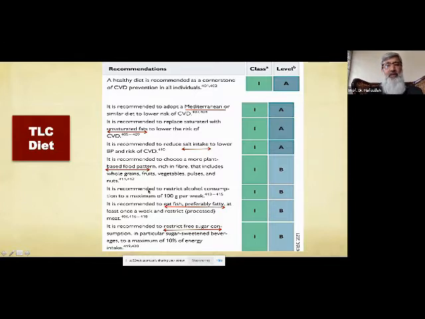And it is recommended that you should eat fish, preferably fatty fish, at least twice a week, and restrict free sugar consumption. Do not take any sugar at all, especially sugar-sweetened beverages.